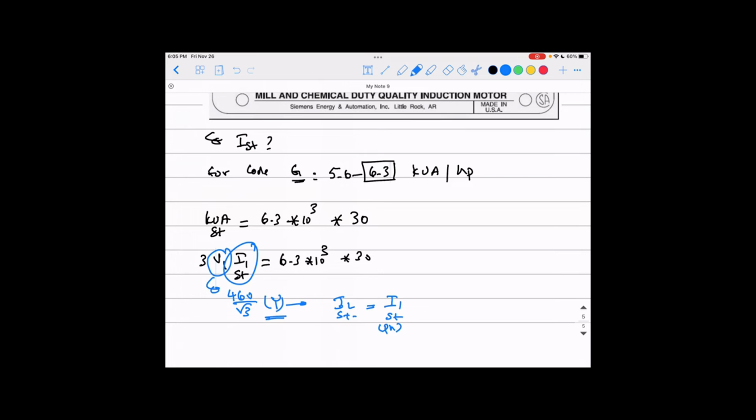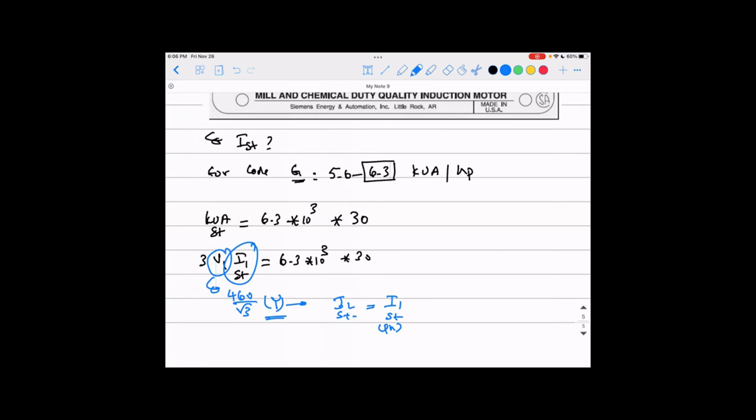So you don't need to convert it, because we are mostly keen on the line current, not the phase current. It depends on the connection. If it is delta connected, you need to multiply by square root of 3, and for delta, V line equals V phase. But because we have a Y connection here, V phase equals V line divided by square root of 3, while I line directly equals the phase current. So you don't need to do any conversions here.